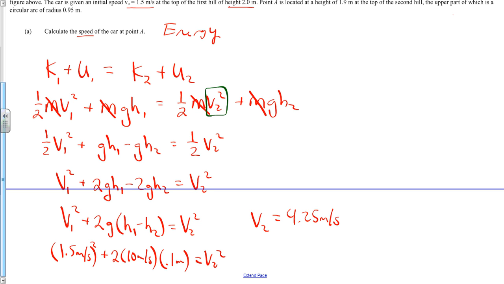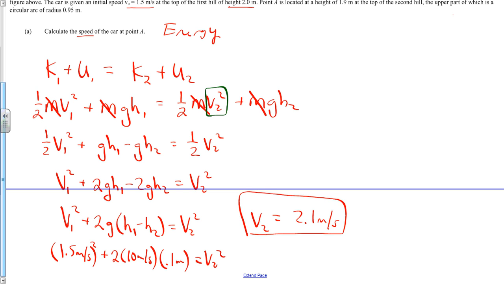Square root, of course. Square root of 4.25 is about 2.1 meters per second.